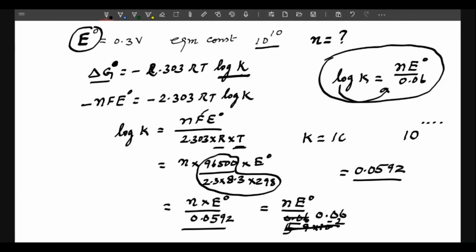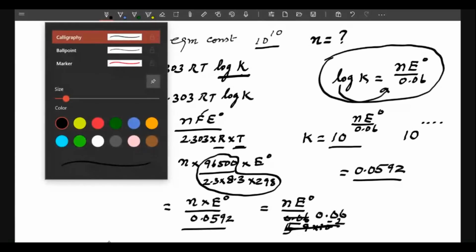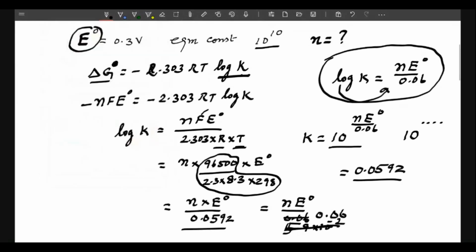In such cases, K is equal to 10 power n E naught divided by 0.06. Therefore, look at the answers given in the options, either given as 10 power, or in numerical value. If it is given in numerical value, you have to take the anti-log with your own calculator. You can calculate this.